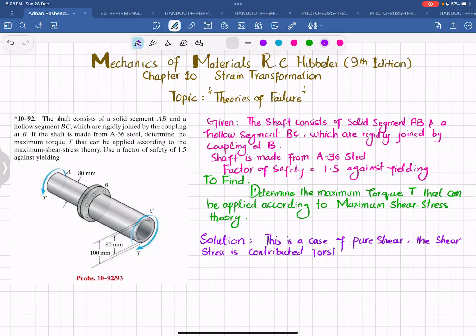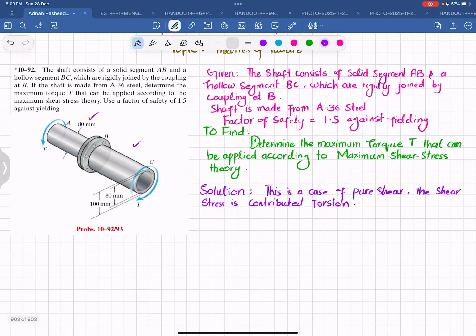As we have two segments, shaft AB is a solid segment and shaft BC is a hollow segment. So we can write that the maximum shear stress in the hollow segment will be equal to T times C of hollow segment divided by J of hollow segment, and the maximum shear stress that will be generated in the solid shaft will be equal to T times C of solid divided by J, where C is the radius and J is the polar moment of inertia.